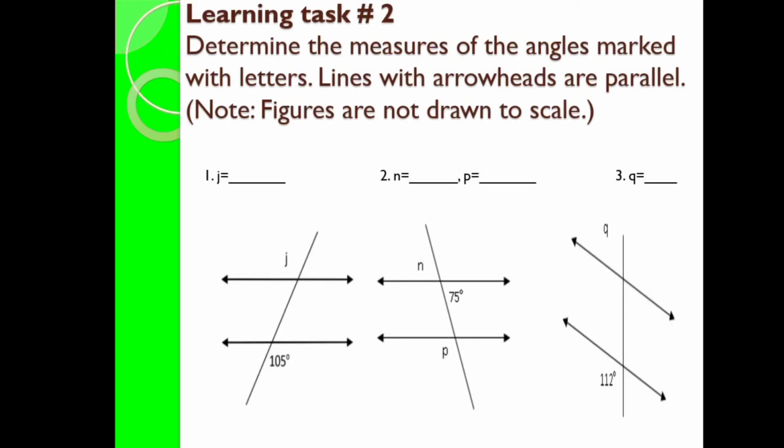Number 3, Q and 112 are exterior angles on the same side of a transversal, and these exterior angles on the same side of a transversal are supplementary. Next, number 4. The missing angle is R, and R is alternate exterior angle with 125.